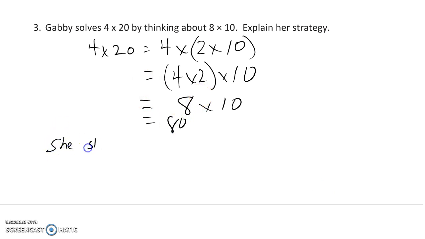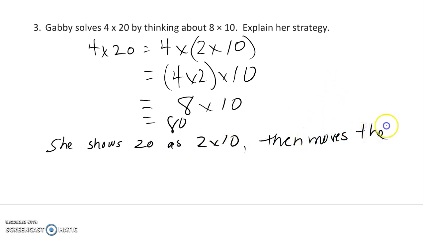So if I have to explain that, I'm putting it into words. She shows 20 as 2 times 10. Then moves the parentheses to 4 times 2.